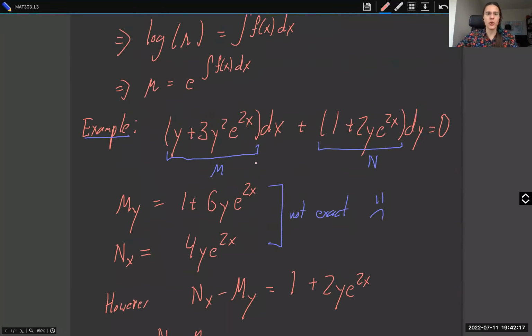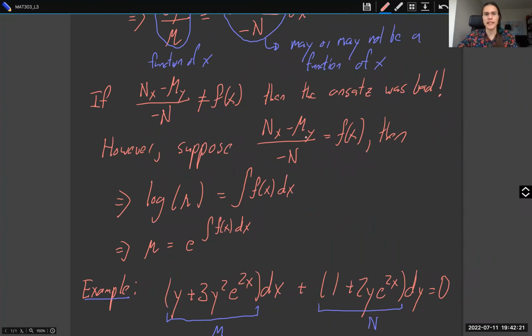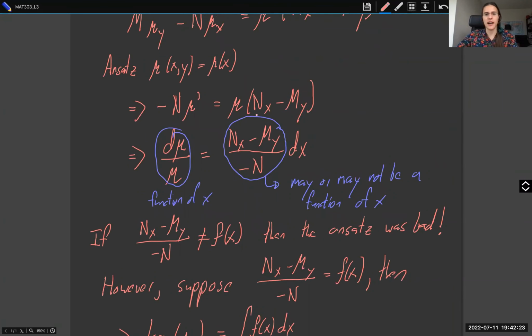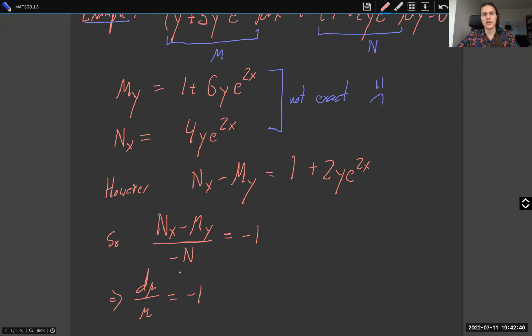And then we go back to our equation for an integrating factor. And the way that you should write that equation is like this. So therefore, d mu over mu is equal to -1. I would like you to write it like this in your assignment. Don't remember the formula, remember this equation.